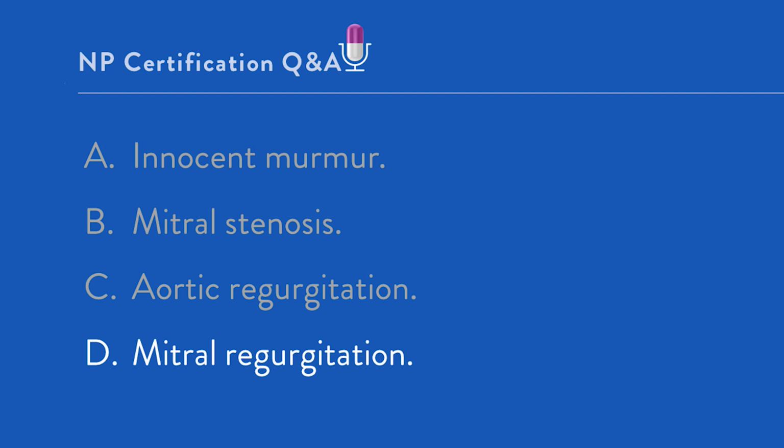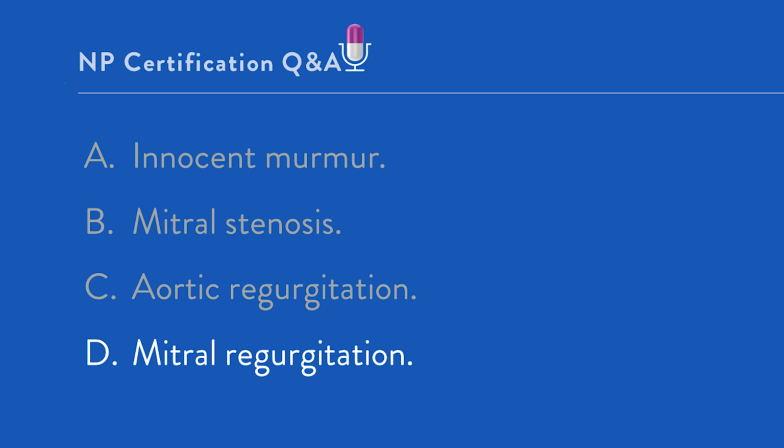The sound generated is a loud one. And keep in mind, murmurs that radiate are generally louder murmurs. Mitral regurg is found in patients with dilated cardiomyopathy, heart failure, ischemic heart disease, endocarditis, and rheumatic heart disease.